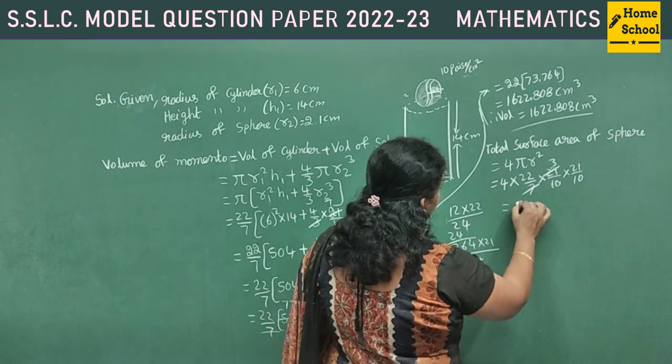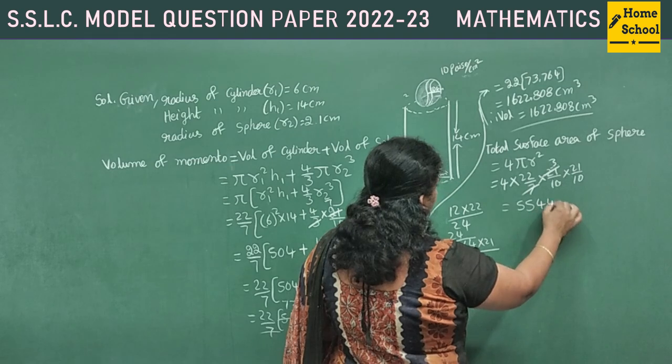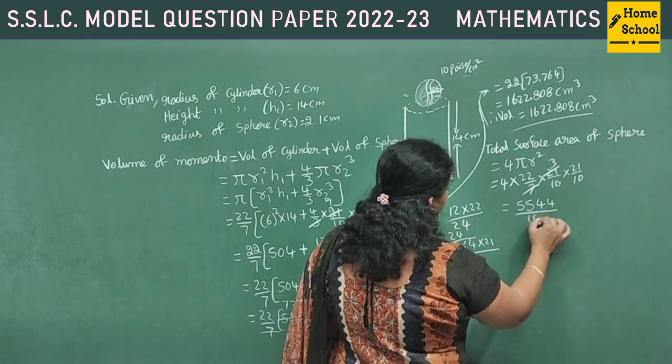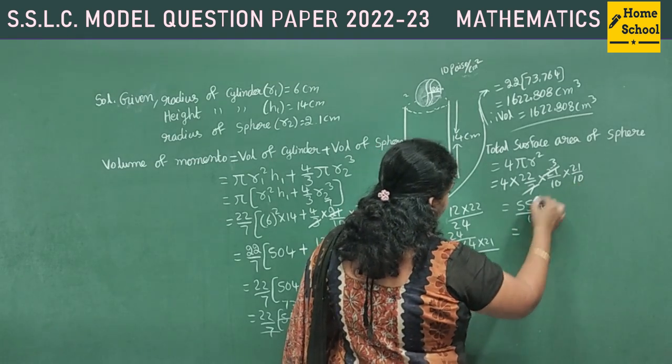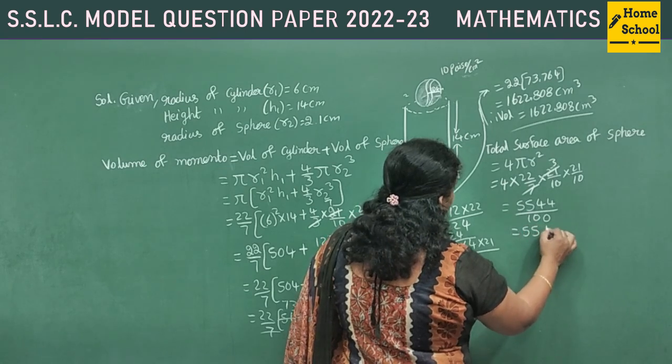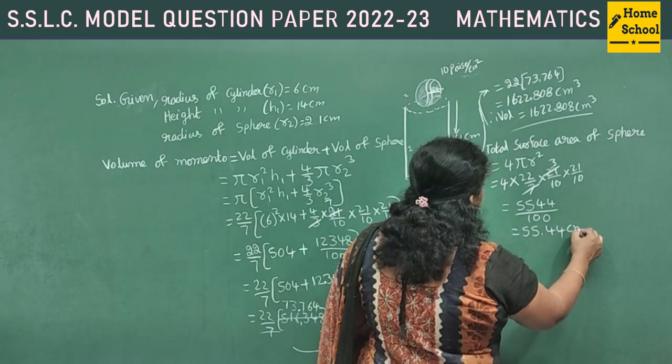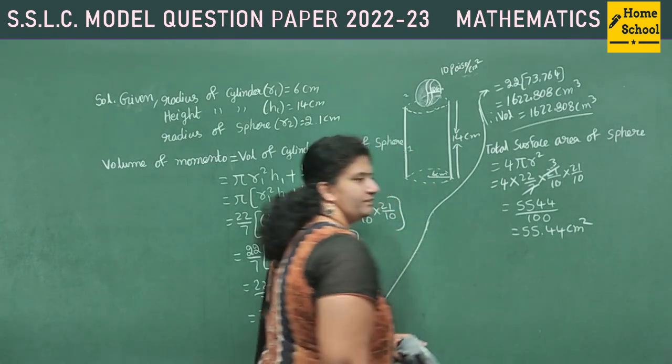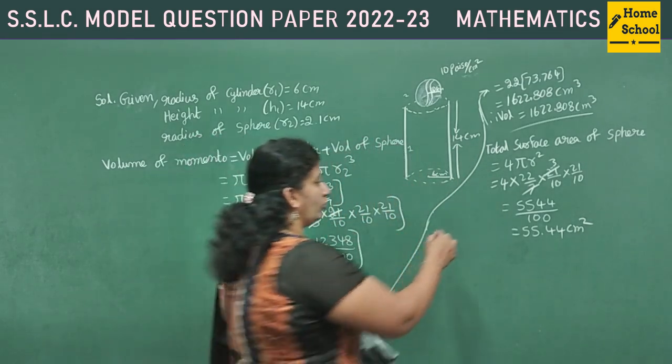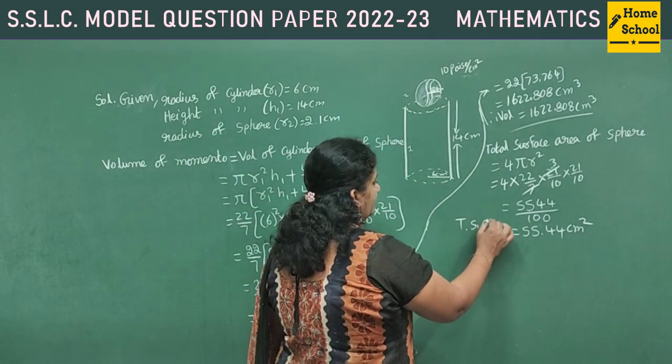So this will be 5544 by 10 tens are 100. So decimal convert 55.44 centimeter square. Right? We got total surface area of the sphere.